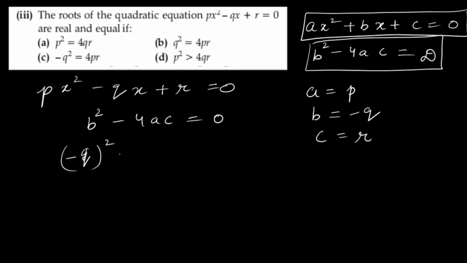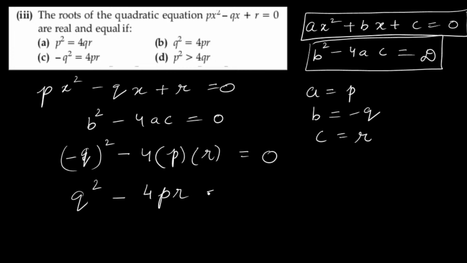So minus q square minus 4 into p into r. The square of a negative is always positive, so q square minus 4pr is equal to 0.